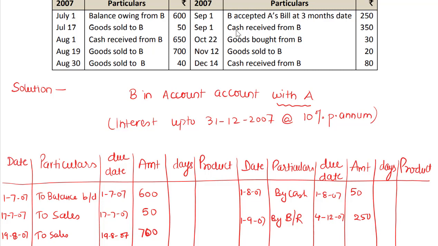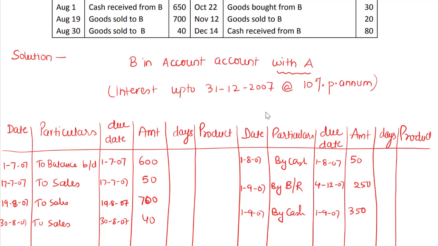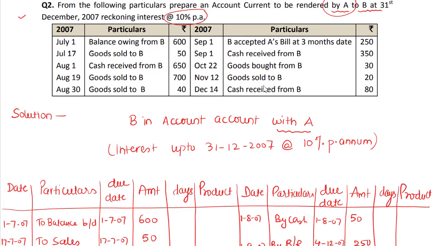On 1st September, cash received 350, by cash 350. 1st September 07.